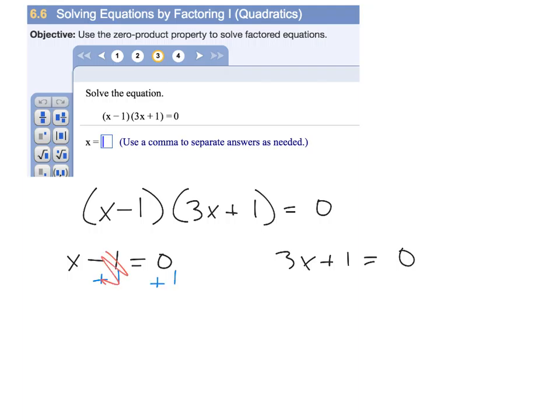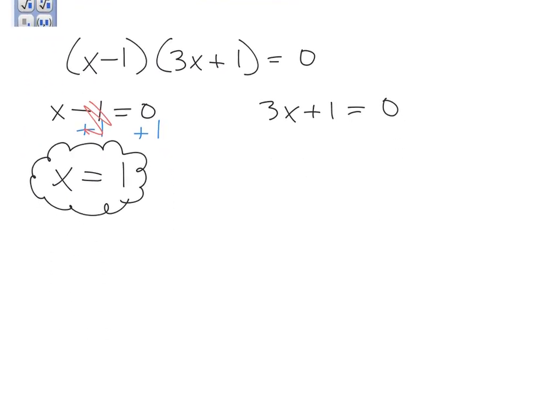The 1's cancel, and that leaves us with x is equal to 1. So that's one option. And then over here on the right, we're going to begin by subtracting 1 from both sides. So the 1's cancel, and that leaves us with 3x is equal to negative 1.